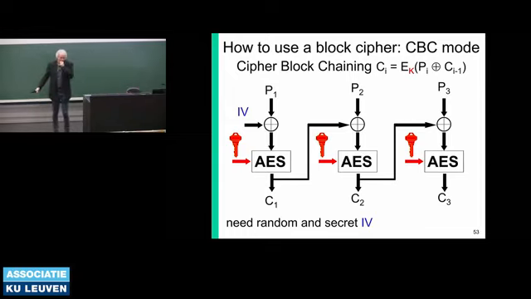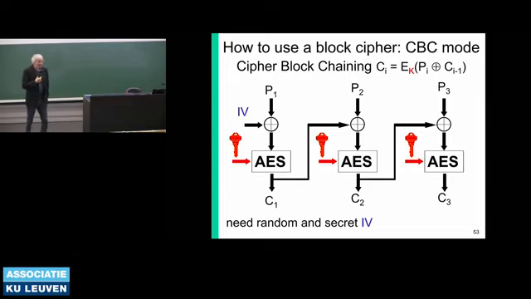So if I don't want P1 decrypted, I only want P2, P3, and so on, can I just not know the IV? Yeah, what you could also do is take P1 equal to 0, and then you can just use no IV. But then there are problems with it. Even that's not good, because then it's the same every time.